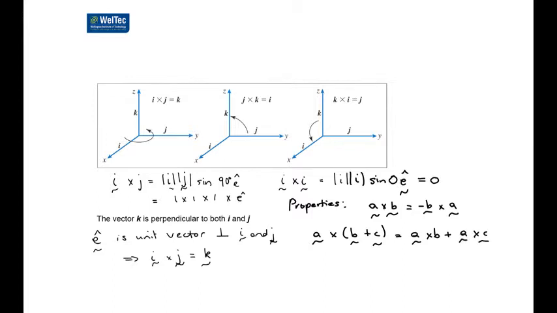So if we've got something involving all three of the unit vectors, the i cross i plus i cross j, and i cross i will be 0 and i cross j will be k, so our final answer would be k.